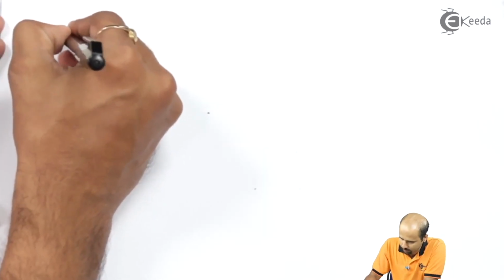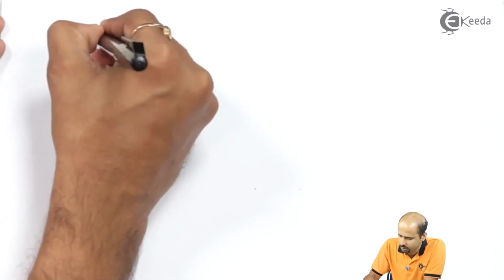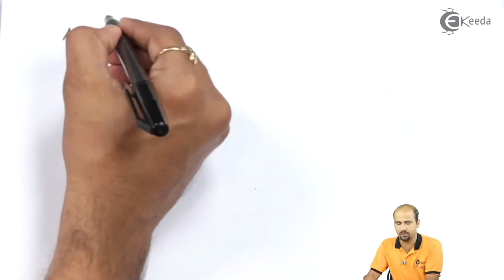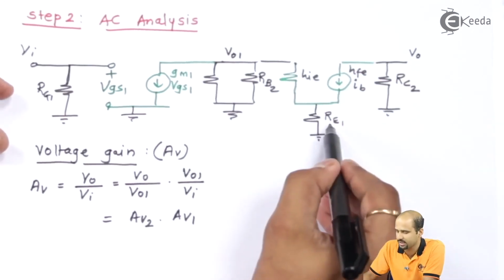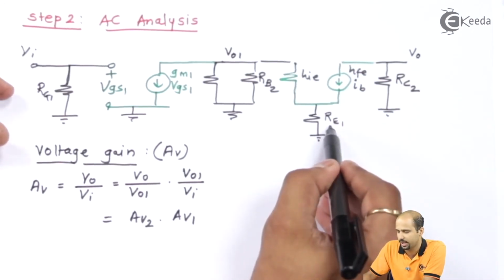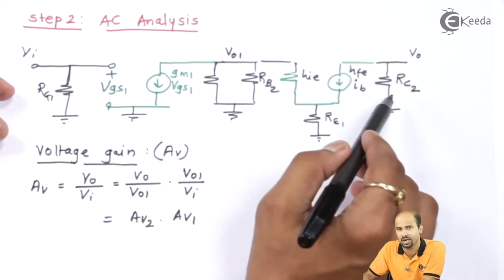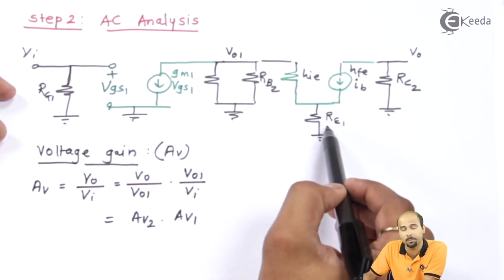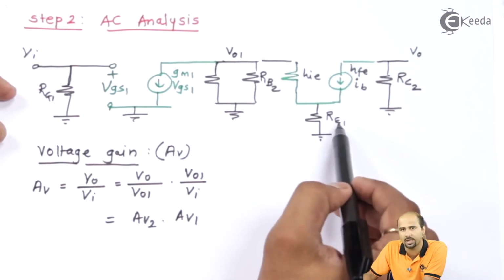So let's see the calculation of AV2. See to it that this RE1 is coming into picture, so your gain will be reduced by the factor hie divided by 1 plus hfe into RE1.